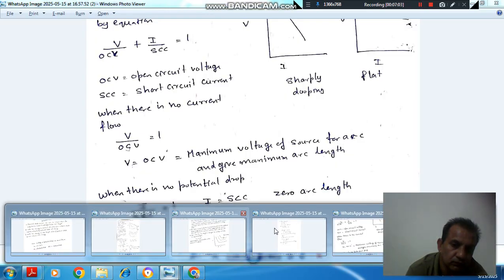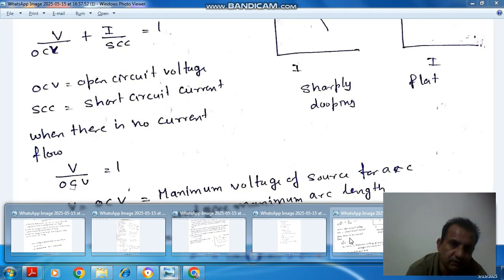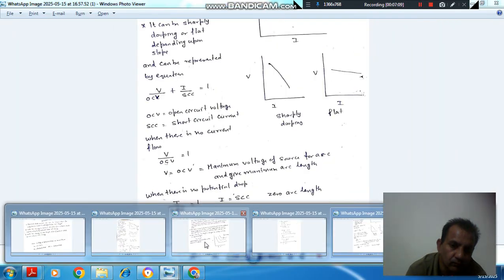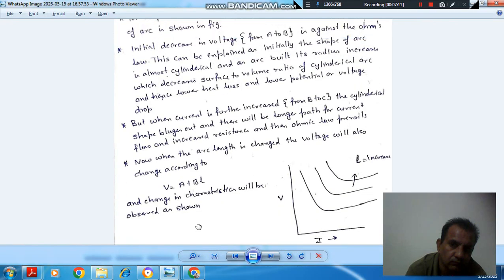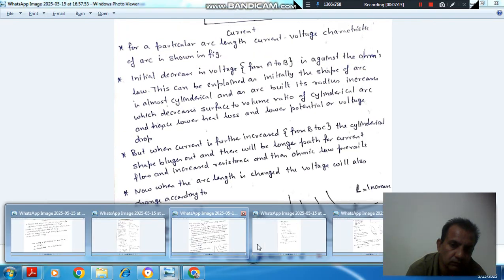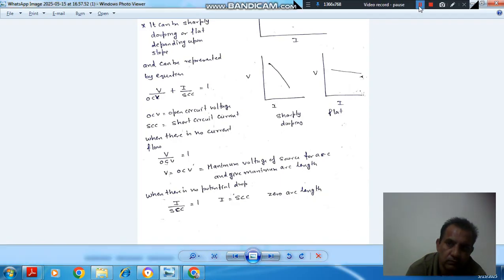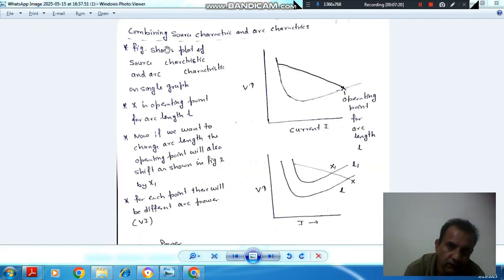The next key concept is combining these two diagrams. So now we have source characteristics and arc characteristics. Now we combine these two characteristics.